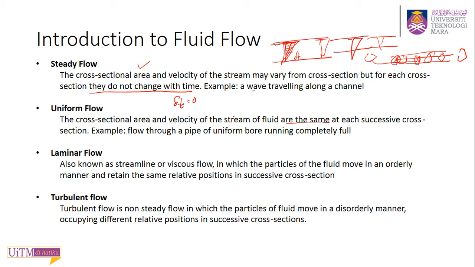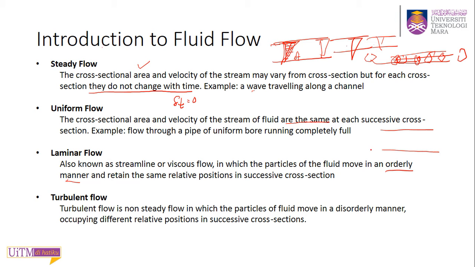The third one is laminar flow, also known as streamline or viscous flow, in which the particles of the fluid move in an orderly manner and retain the same relative position in successive cross sections.